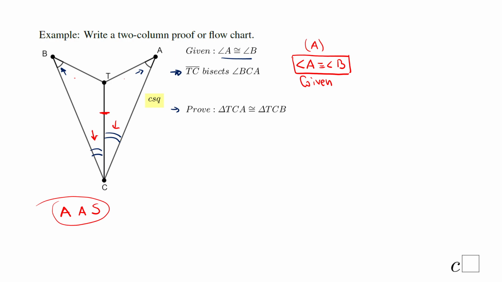Okay, so I did the first A in this angle, angle, side. Now I'm going to have to go with the second A, but for the second A, these two angles, I need to start with this statement. So I'm going to say TC bisects angle BCA.